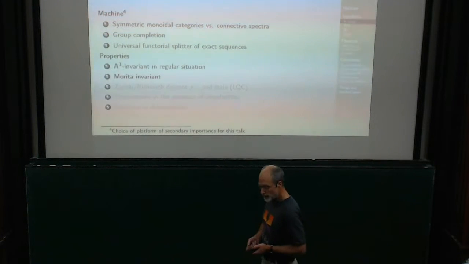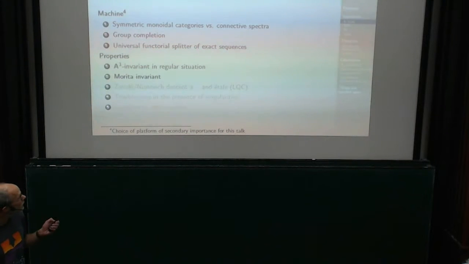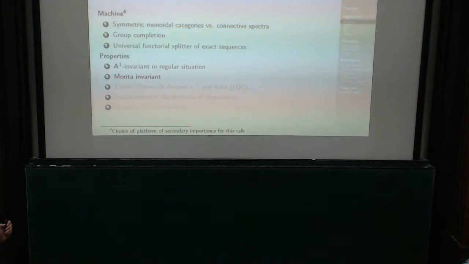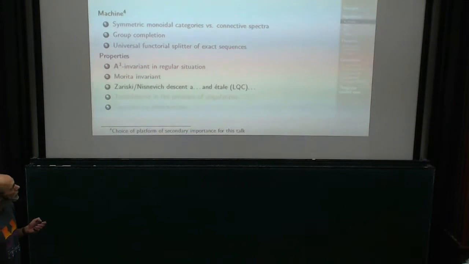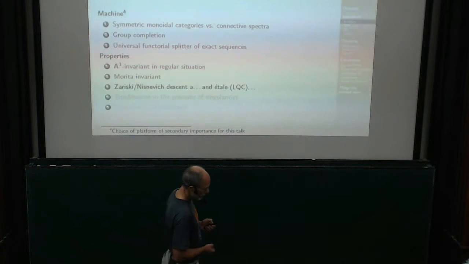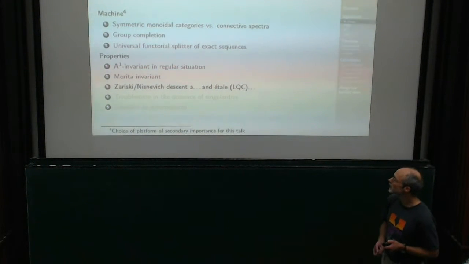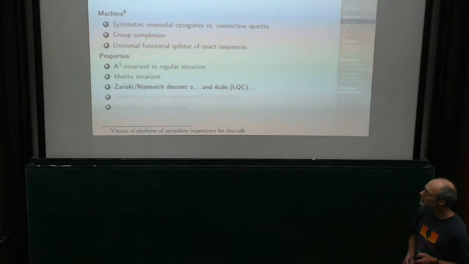Being defined as a functor on the modules, it's of course Morita invariant. It only depends on the projective modules. And it satisfies various forms of descent, tau being the spooky one, where it's actually the Lichtenbaum-Quillen conjecture in certain cases.